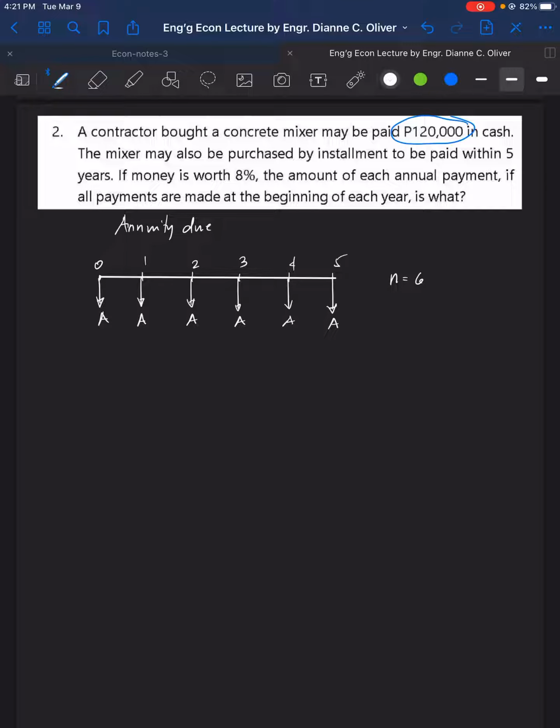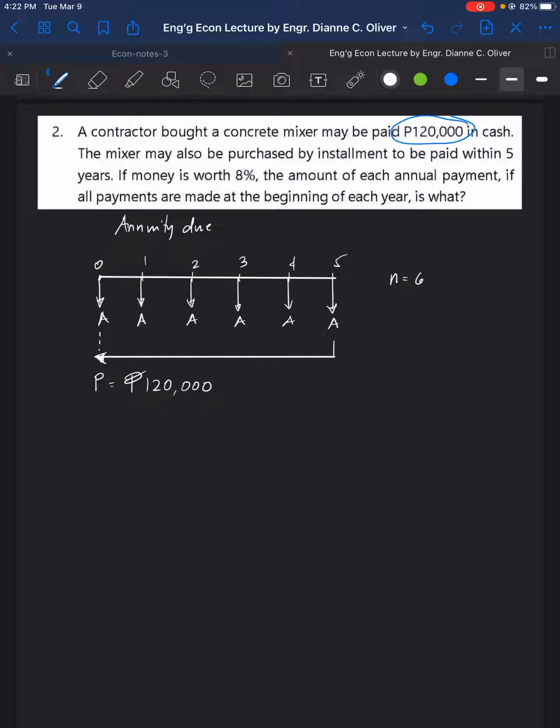So our arrow here will travel to the present, to the point of origin. P is equal to 120,000 pesos. Okay.